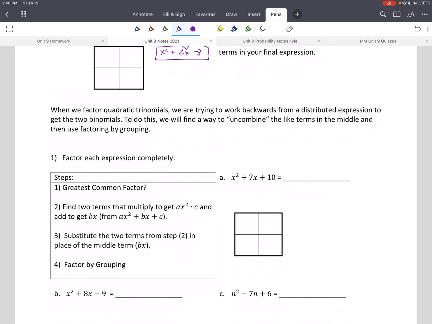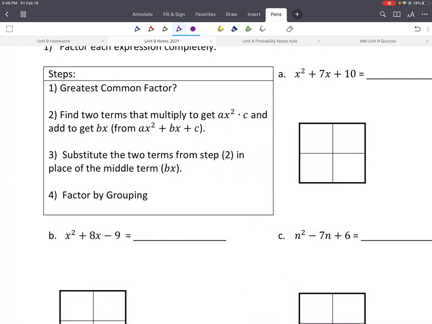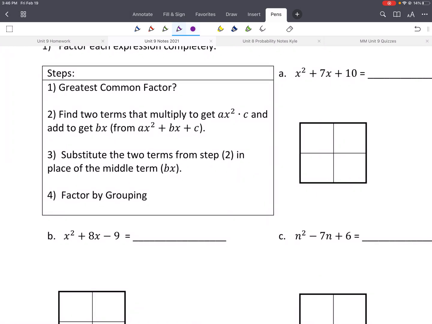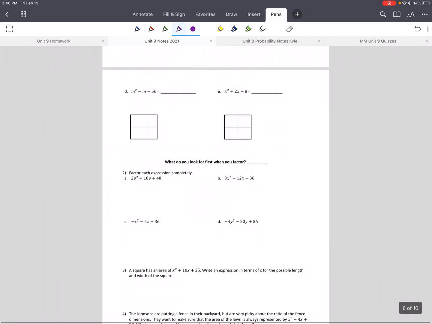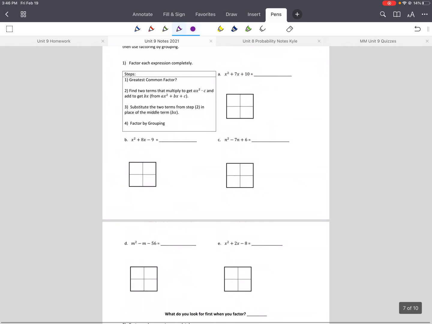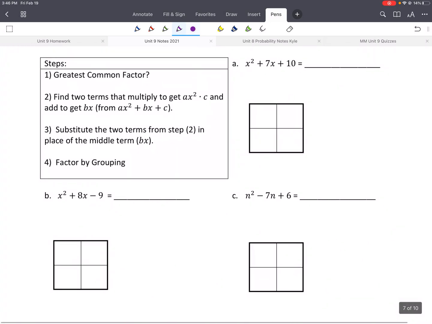Okay, all right. So here's the steps, if this helps. Again, we always want to see if there's a common factor, a greatest common factor. We're going to have some over here to practice with, but we'll start with not having them. And then we want to find the 2 things that multiply to ax squared times c.